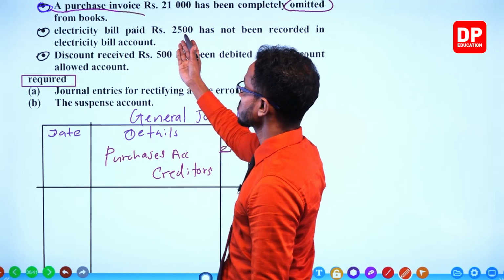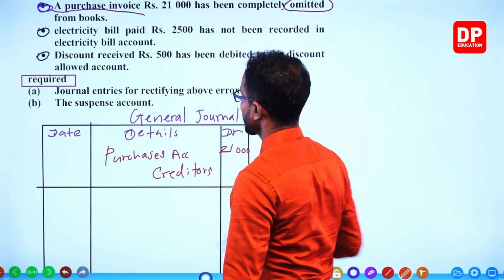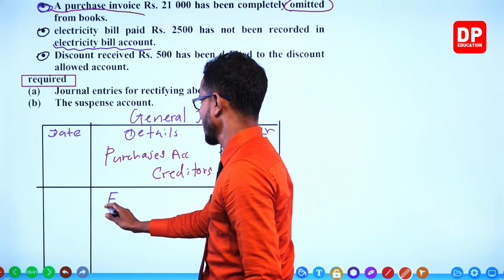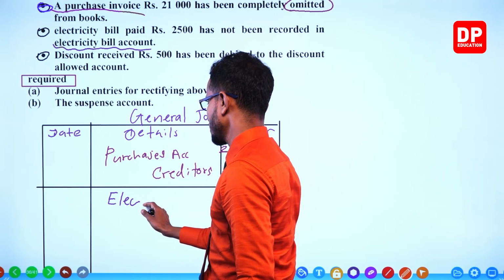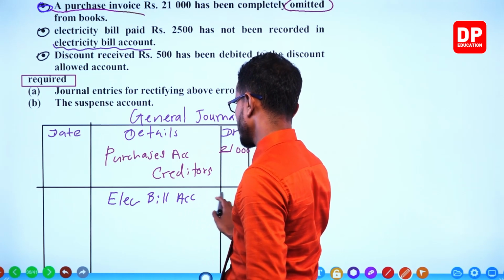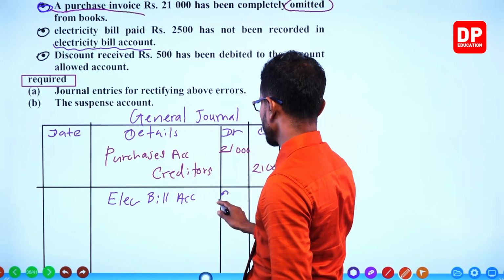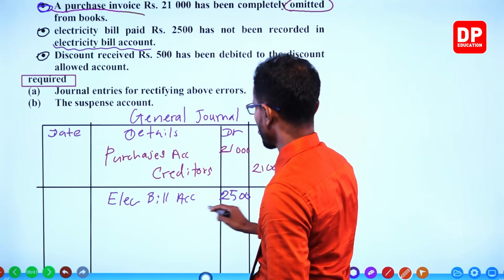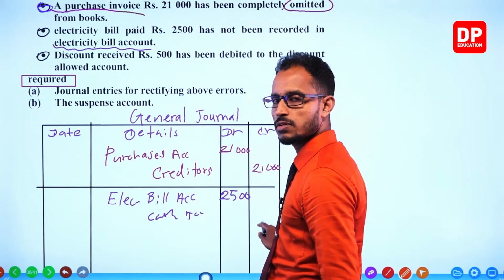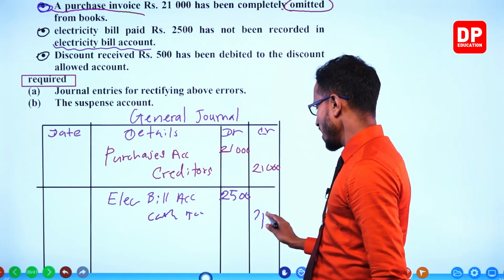Electricity bill paid 2,500, not being recorded only in the electricity bill account. What we are going to do is record it in the electricity bill account. Electricity bill, it's an expense, so the electricity bill account is debited 2,500, credited to cash account, right?